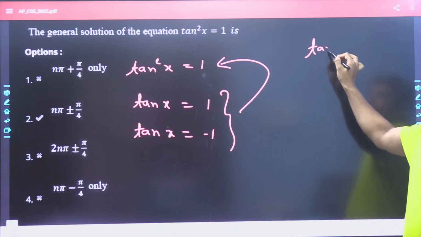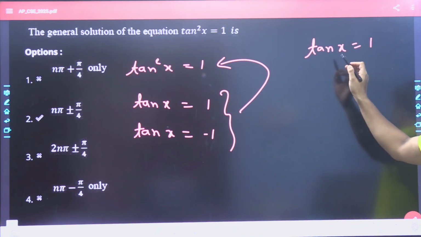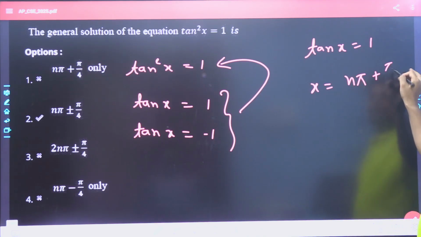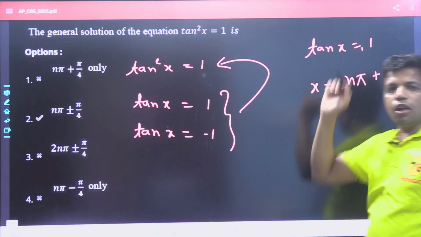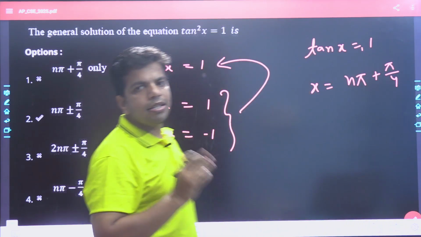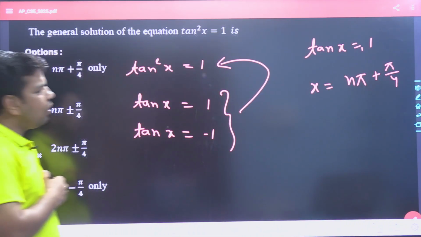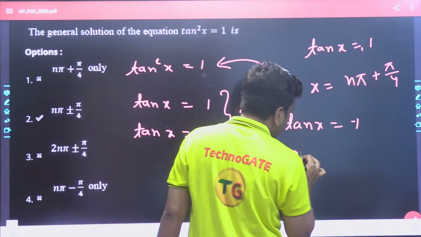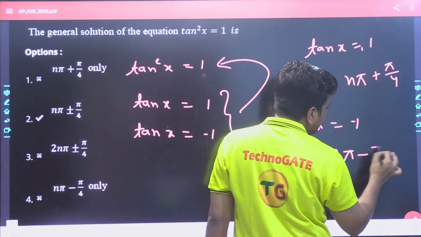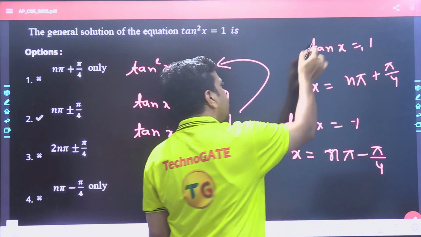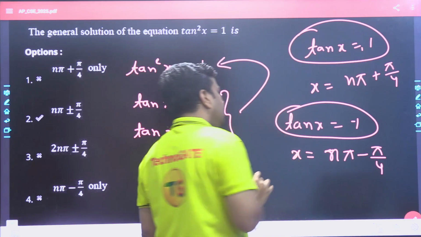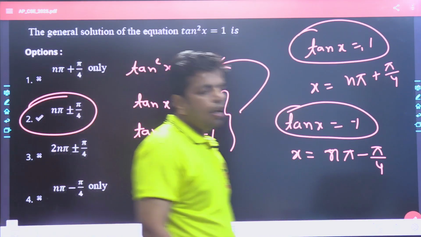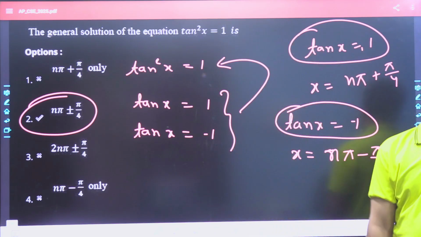When the value of tan x is 1, the value of x is n pi plus pi by 4, this is always going to satisfy. And when the value of tan x is minus 1, the value of x is n pi minus pi by 4. So can we go with the second one? Second is your answer. Got it.